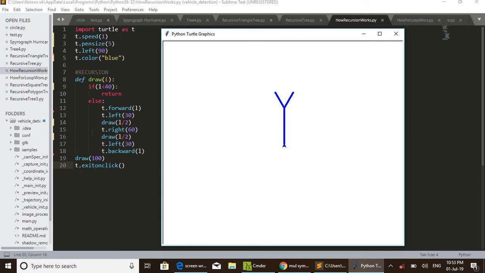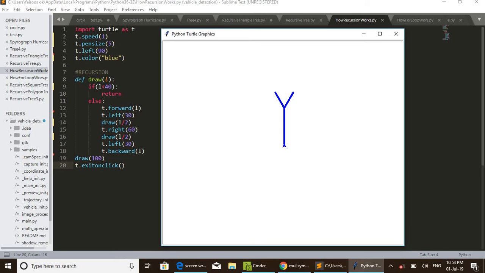Then what happens? The function completes. Then it returns back to the earlier called position, that is, the earlier call with the value 100 by 2, 50. Actually the draw function was called with the value 100, L value 100.